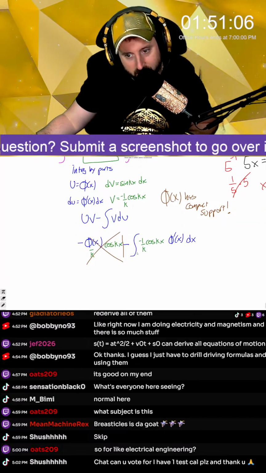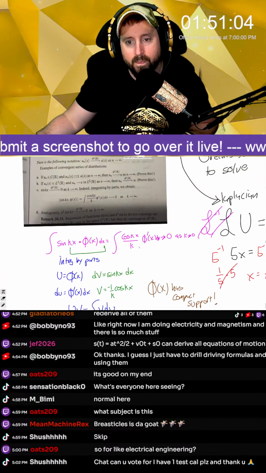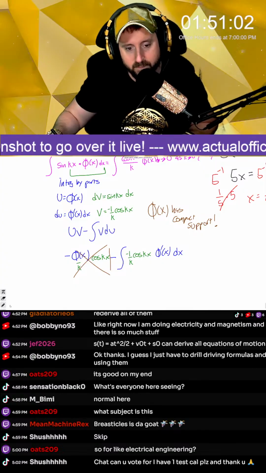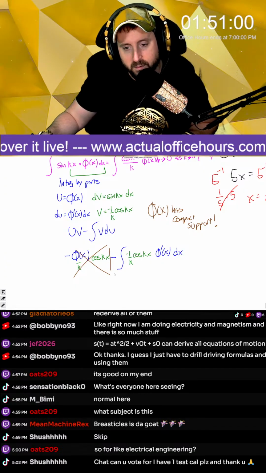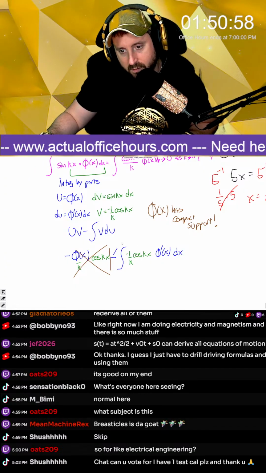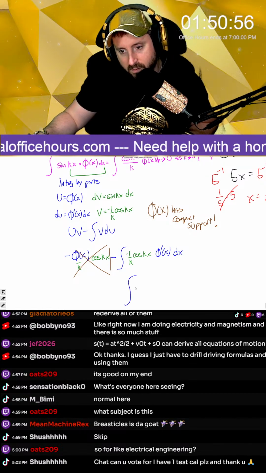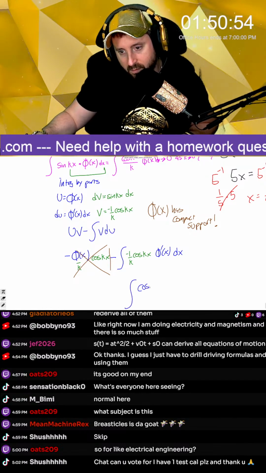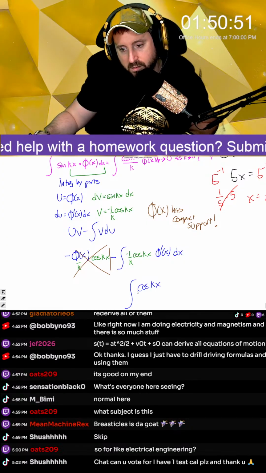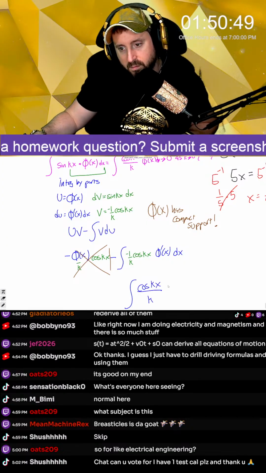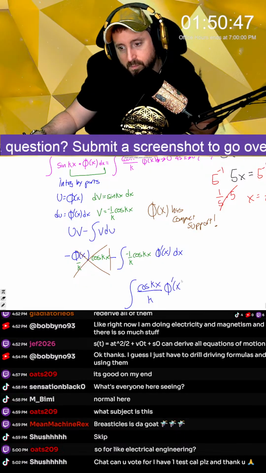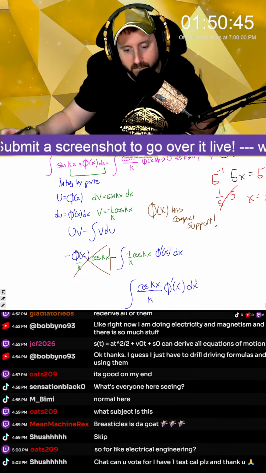Kind of. Our bounds would be from A to B, because we have compact support. Everything from negative infinity to A, and then from B to infinity is going to be 0. And then when we evaluate our boundaries at B and A, they both become 0. I see.